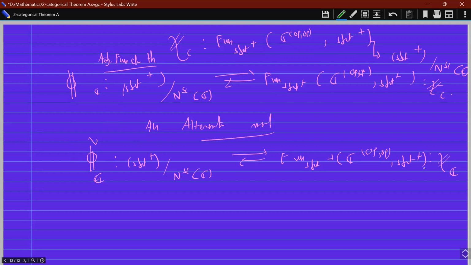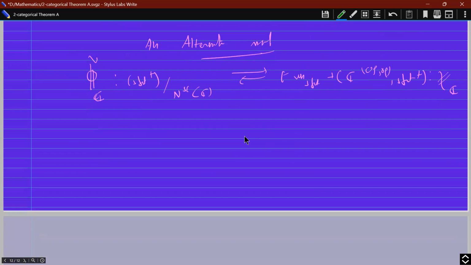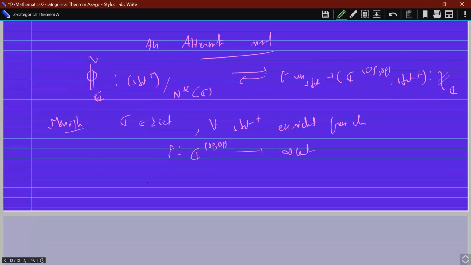Right. And so yeah, what is the main theorem? So let me write the main theorem first. Main theorem of this section. So you have a two category. And so for all marked simplicial sets enriched functors, so again, right.